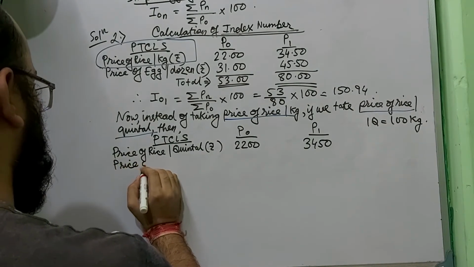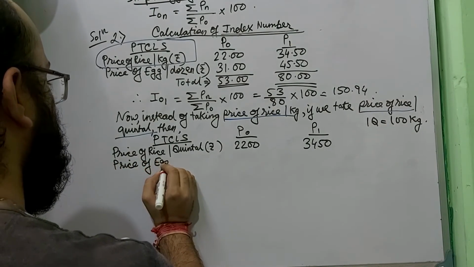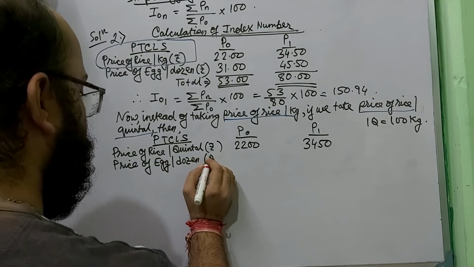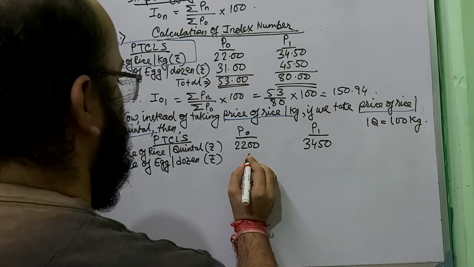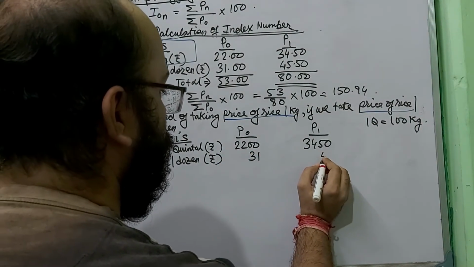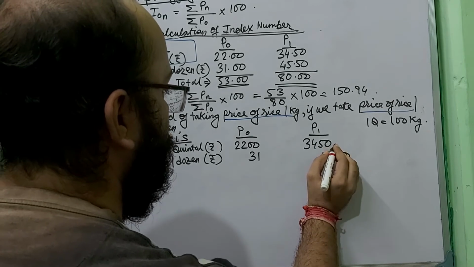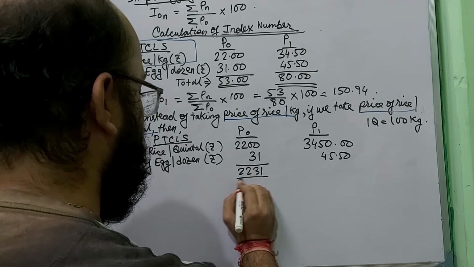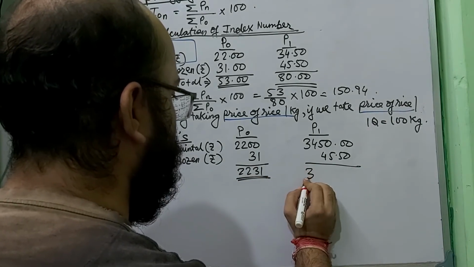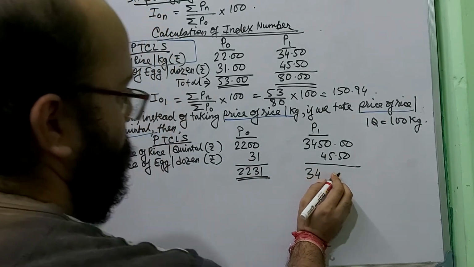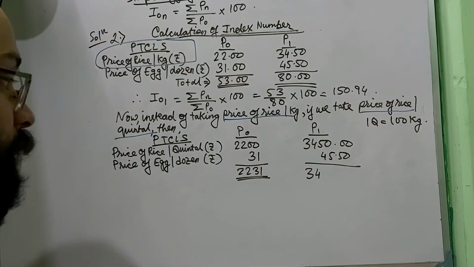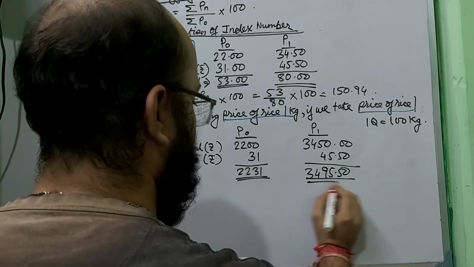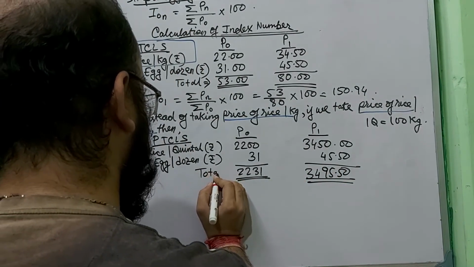Price of egg per dozen remains the same, which is 31 and 45.50. The totals are 2231 and 3495.50.